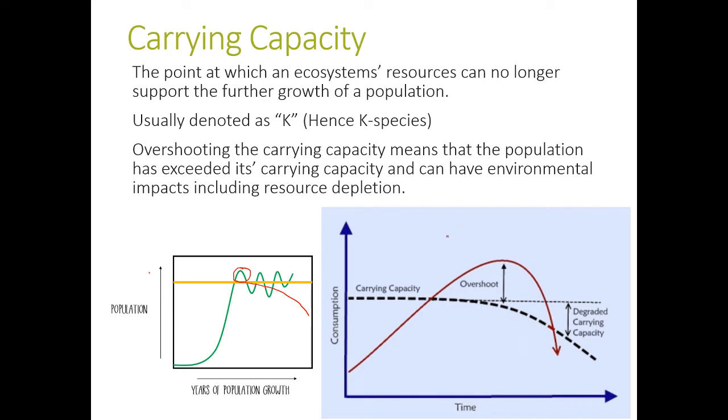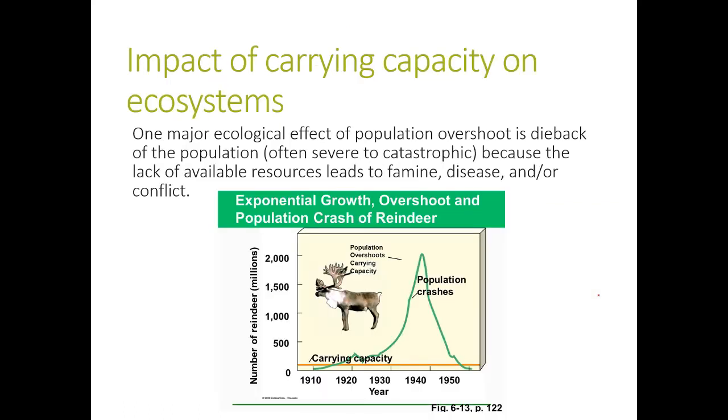It's also going to cause, because of the higher populations, more death, which will cause more nutrients to be introduced, which will cause more algae growth, which can cause even less oxygen available. And so there are a lot of factors that come into play where, when we reach this overshoot, we end up getting a degraded carrying capacity.